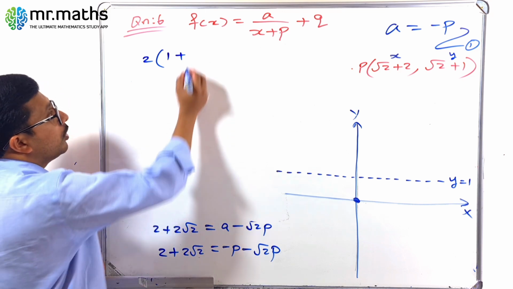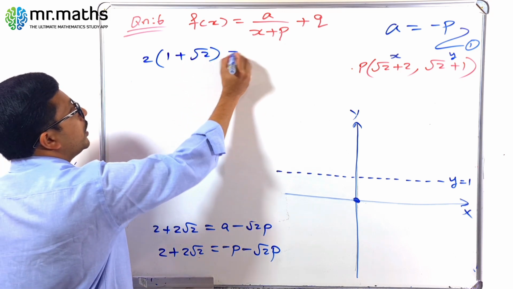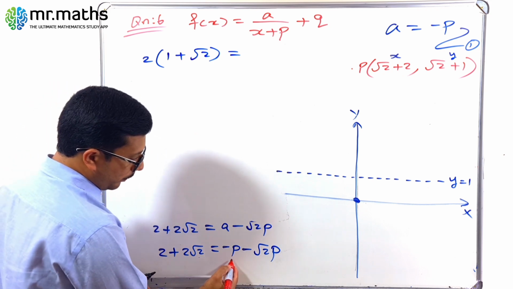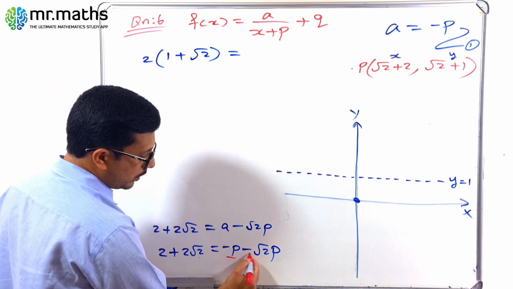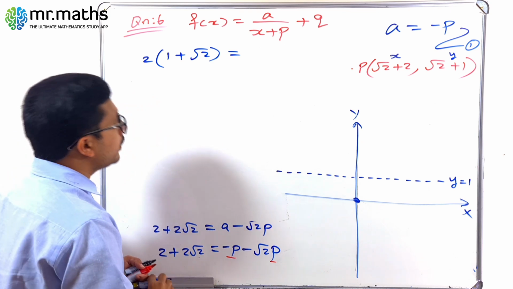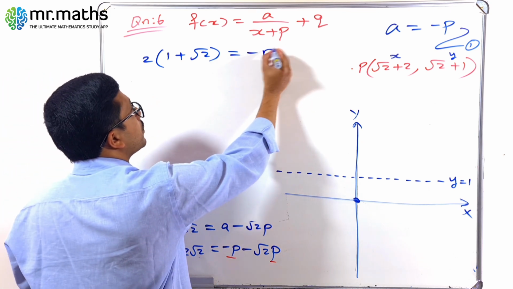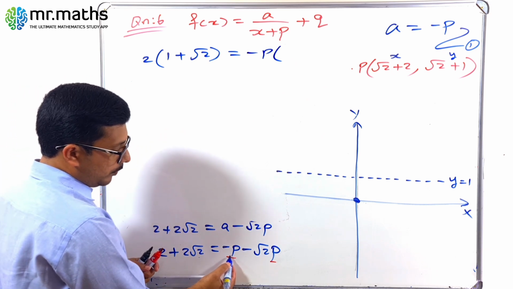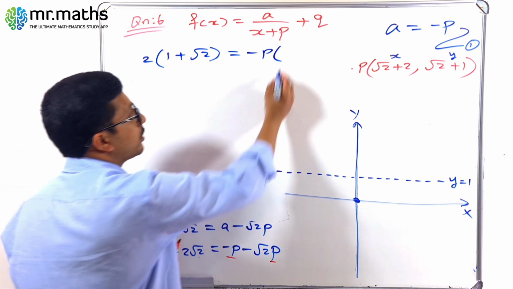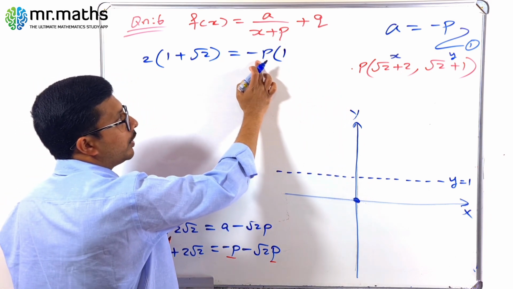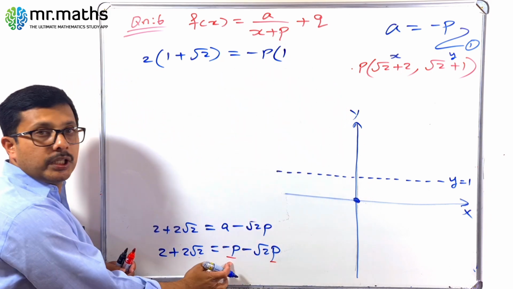So remaining is root 2 is equal to, here can you see that there is a minus p and there is minus p here also common. So I'm going to take that minus p as common factor. So what is remaining here? This minus p I took as common factor, so remaining is 1. Then only when you multiply minus p times 1, you will get minus p.